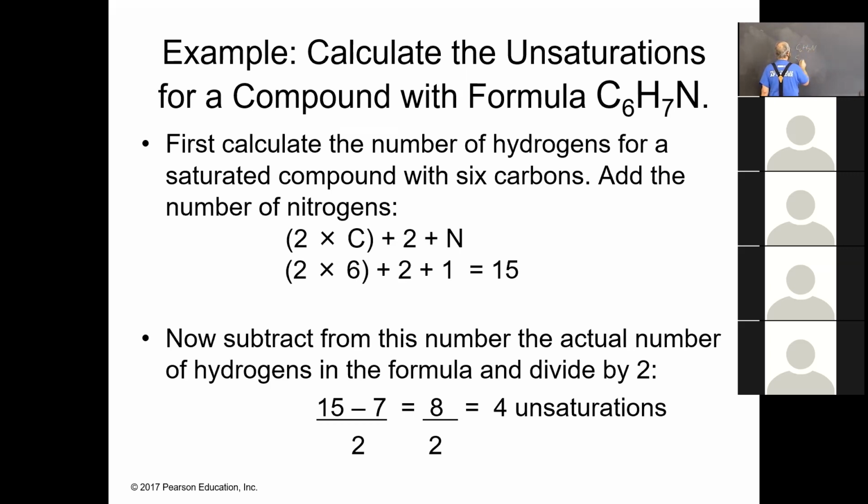So if we subtract 1 hydrogen and the nitrogen, this is like C6H6. Fully saturated would be C6H14. So we are missing 8 hydrogens, therefore 4 unsaturation units.